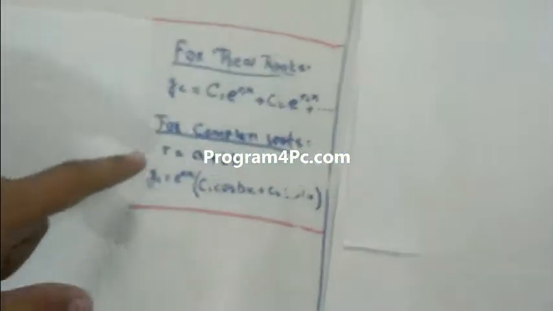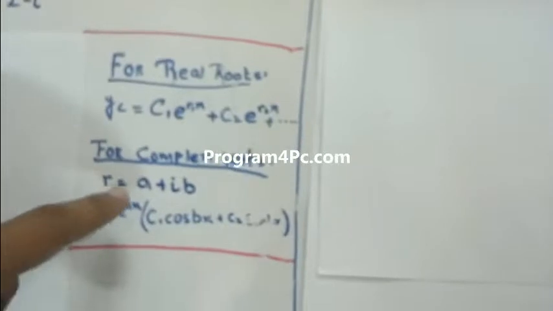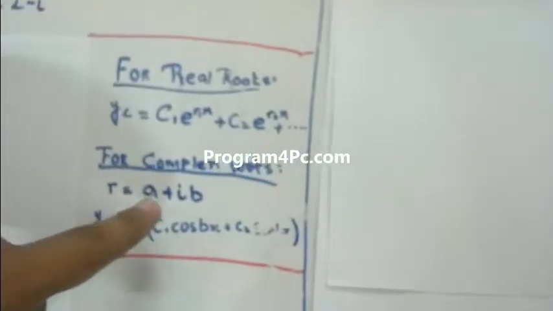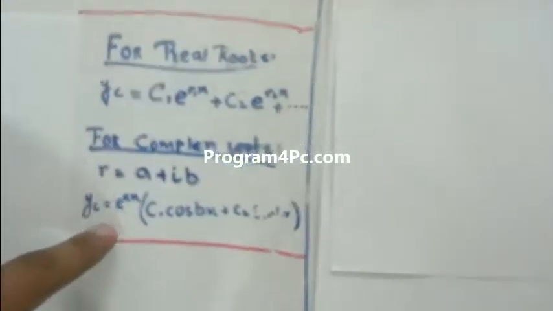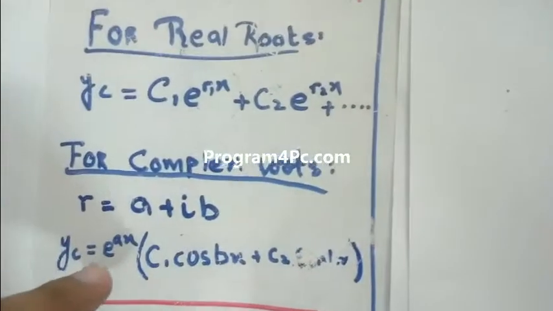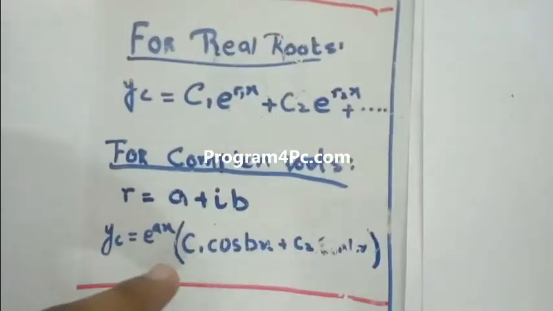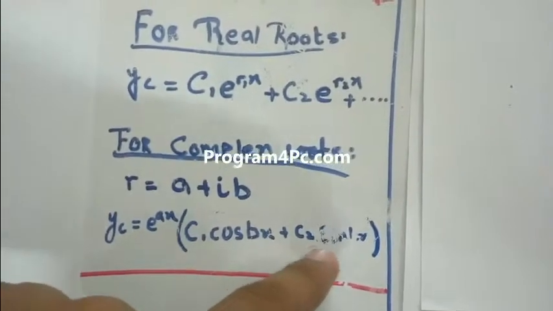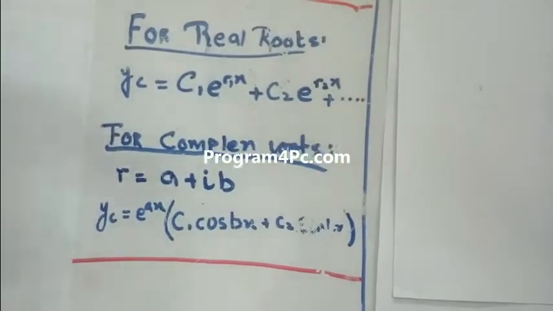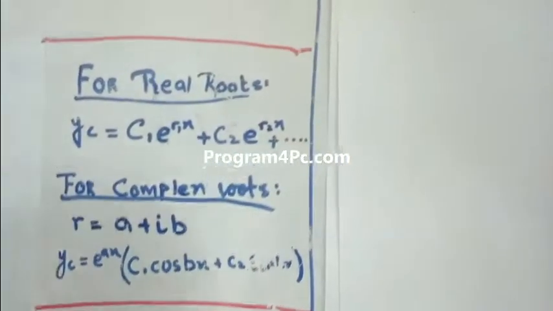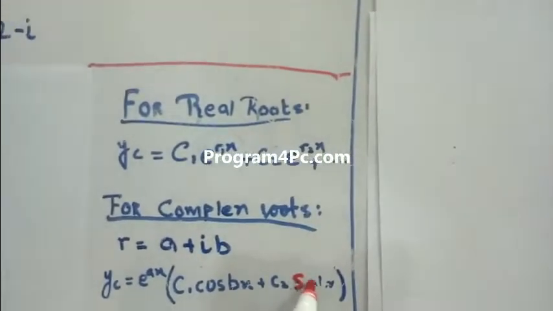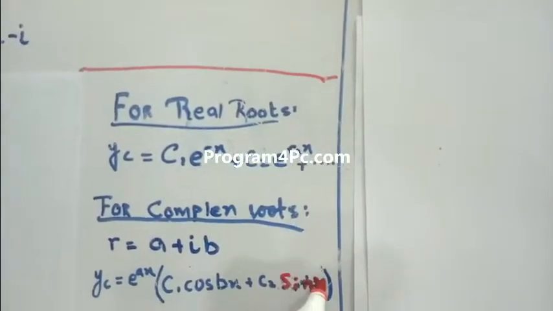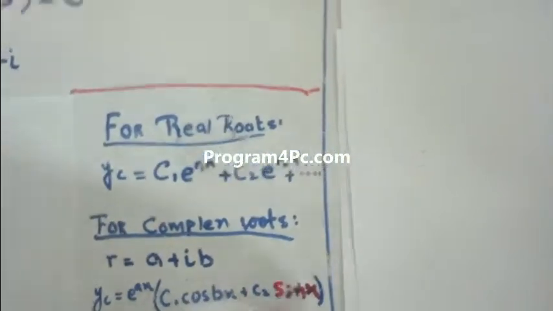For complex roots, if the root is written in the form r equals a plus i b, with a the real part and b the imaginary part, then the solution will be e power ax into c1 cos bx plus c2 sin bx.